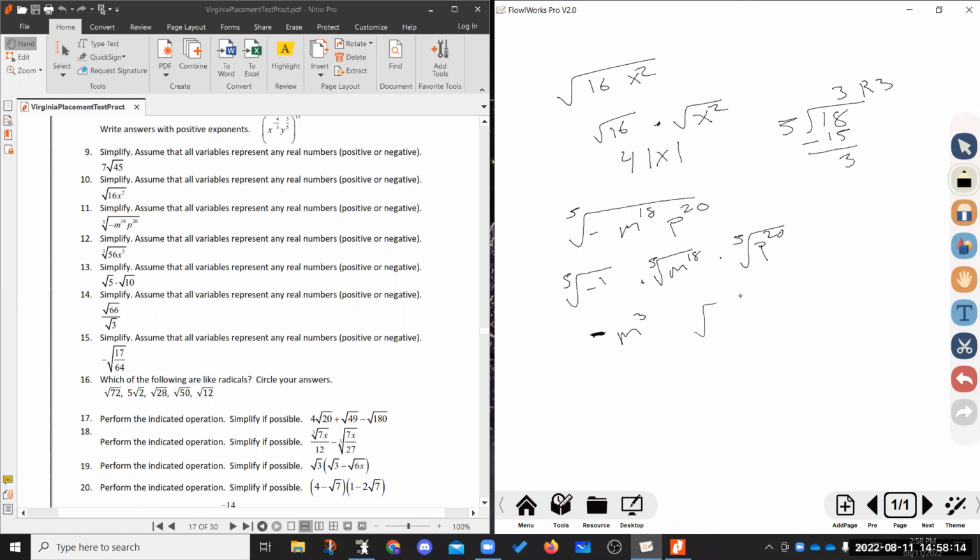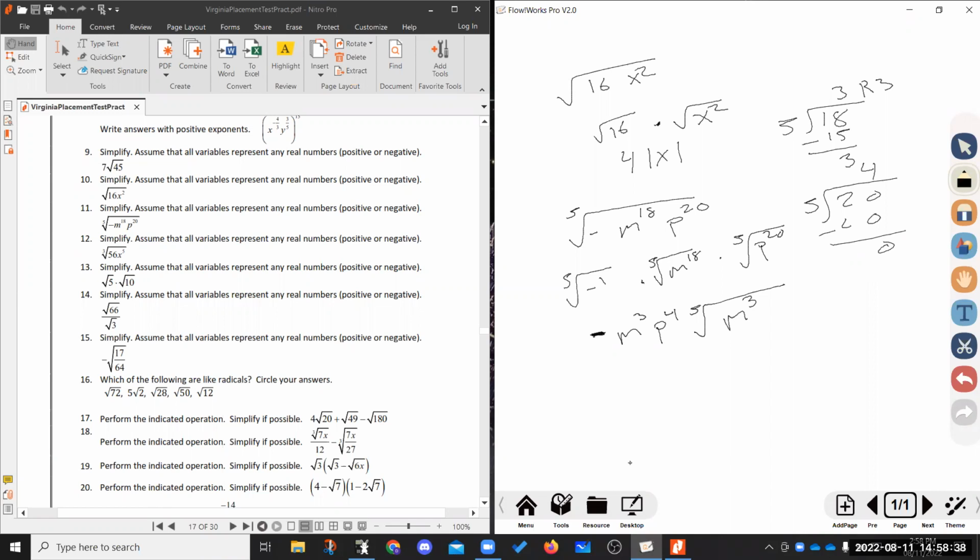I'm going to have a fifth root left over here with 3 m's left on the inside of it. Now 20 divided by 5 goes in evenly 4 times. So I'm going to have p to the 4th on the outside there.